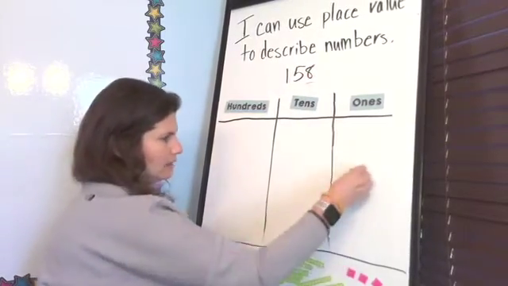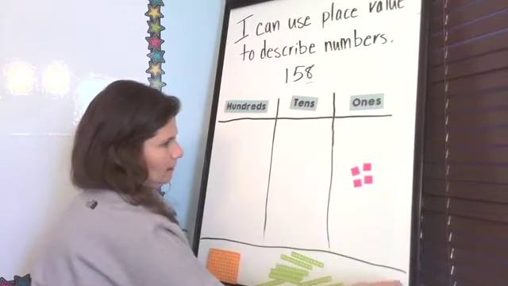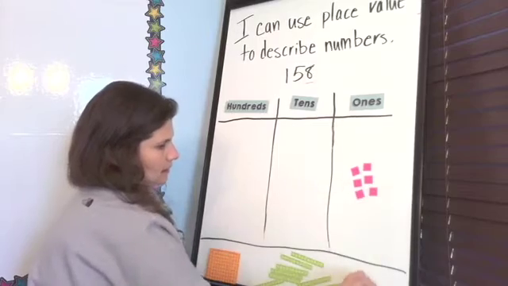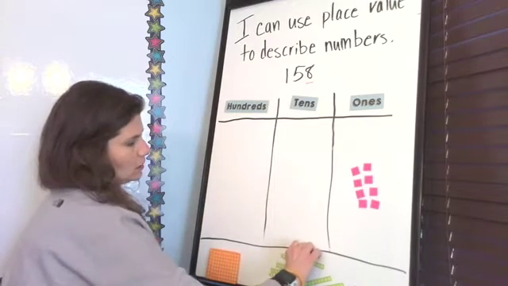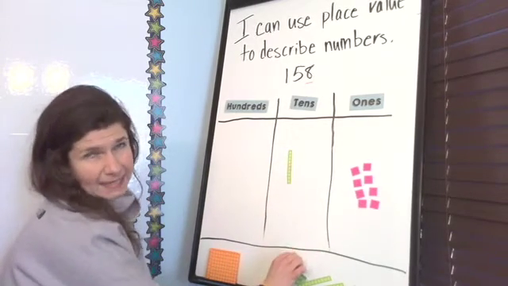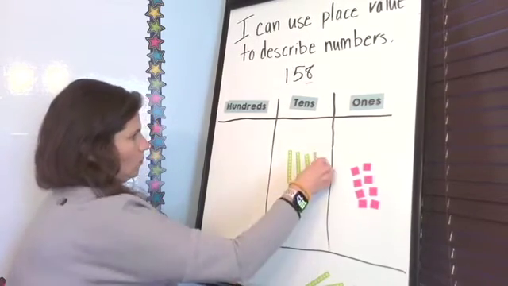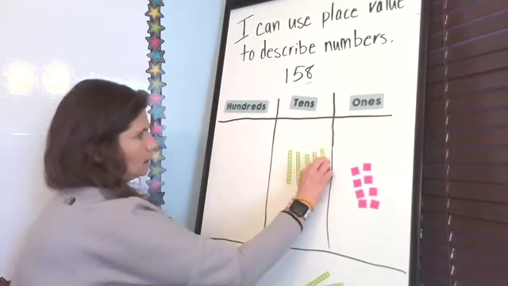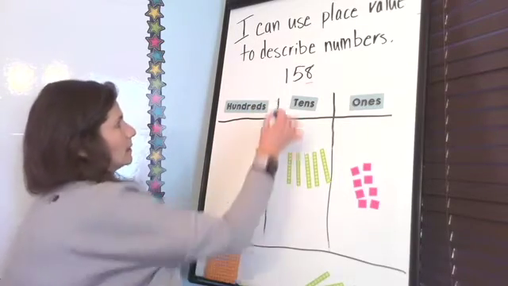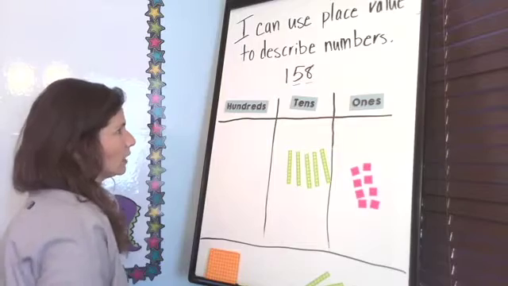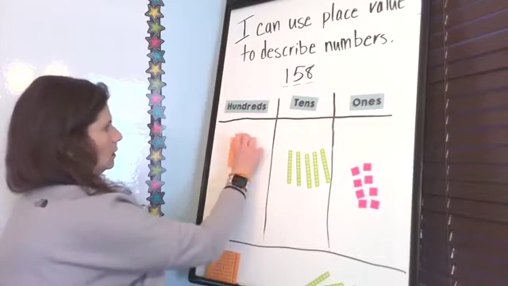So I'm going to bring 8 of these little guys up here. 1, 2, 3, 4, 5, 6, 7, 8. Now check this out. How many? 5 longs. So I might count by tens here to help me. 10, 20, 30, 40, 50. There we go. And now hundreds. If this tens is 5, hundreds is, what is that? 1. You got it. So bring that up.